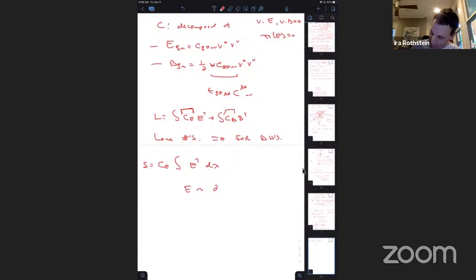And E goes like 2 derivatives acting on H, where we still have 1 over m Planck, because remember, R is a nonlinear function of H's. So to have consistent units for E, it should have units of 2, given that H always comes with a factor of 1 over m Planck. So this is going to have units of 4 in mass dimensions. This is going to have units of -1.